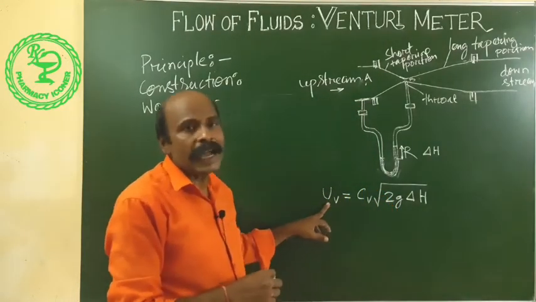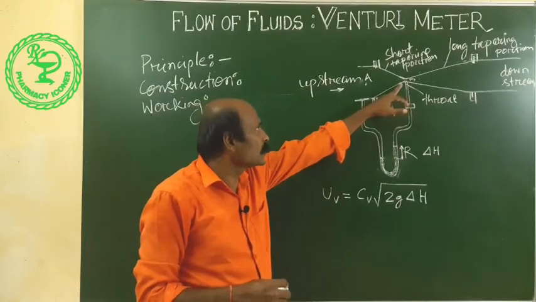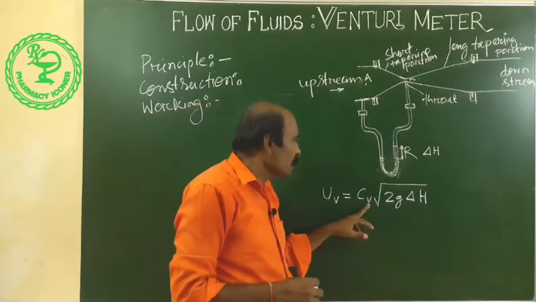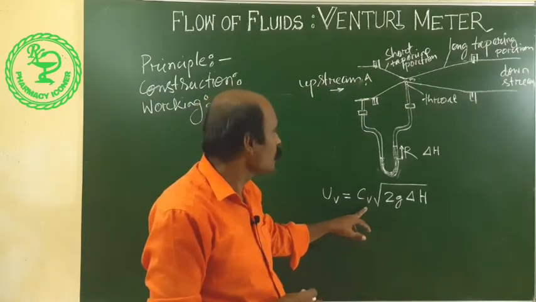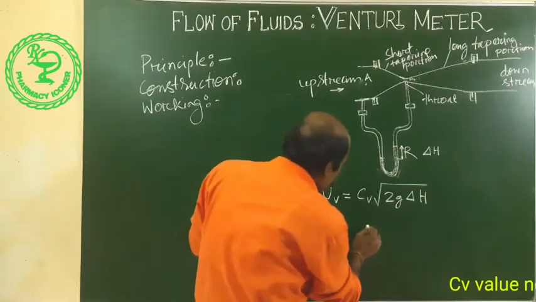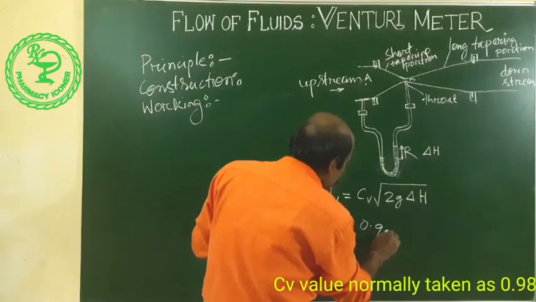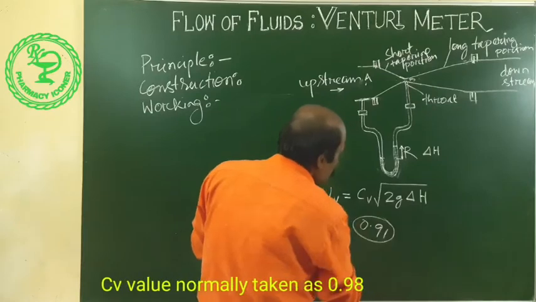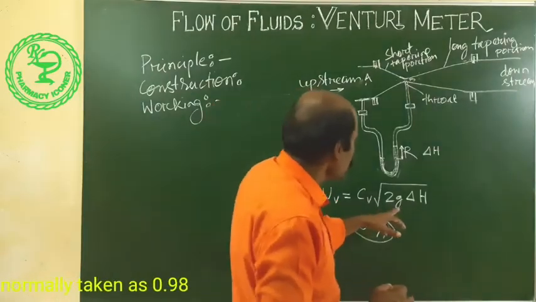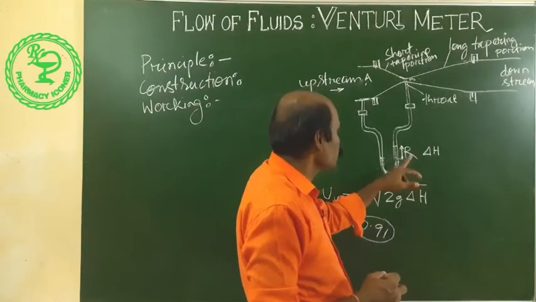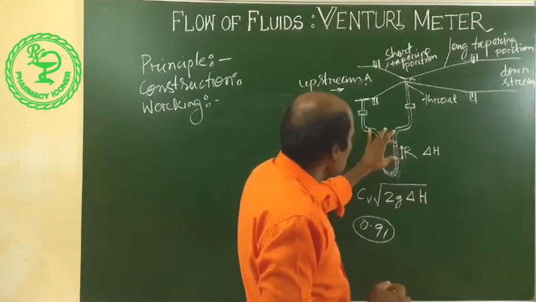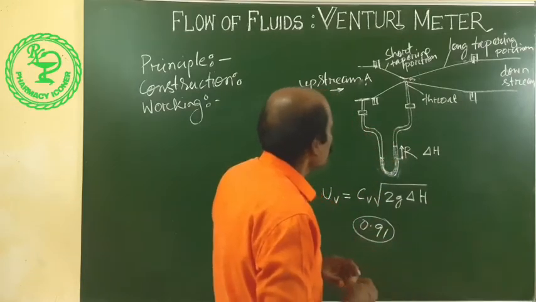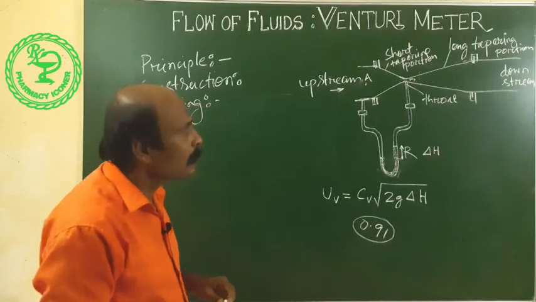Uv is the velocity at the venturi, that is the throat. Cv is the coefficient of venturi, and normally it is taken as 0.91. g is the acceleration due to gravity, and delta h is the difference of the meniscus in the manometer.